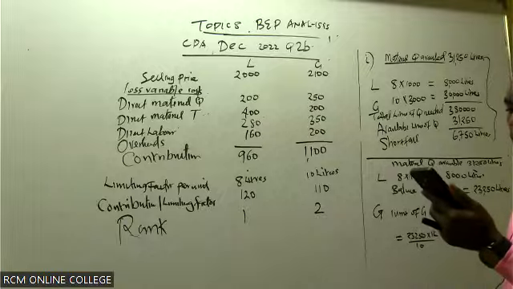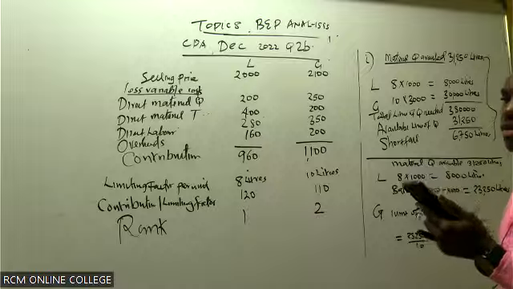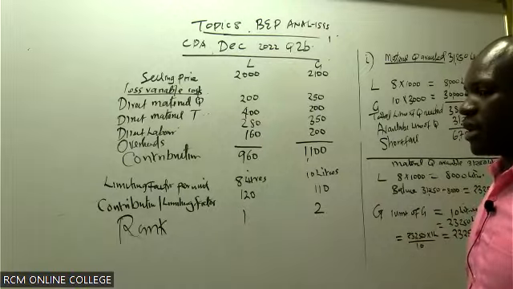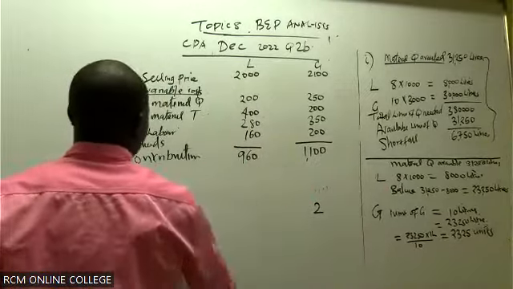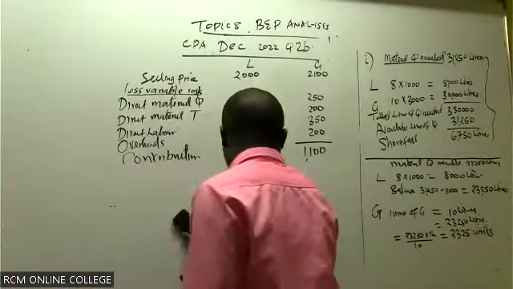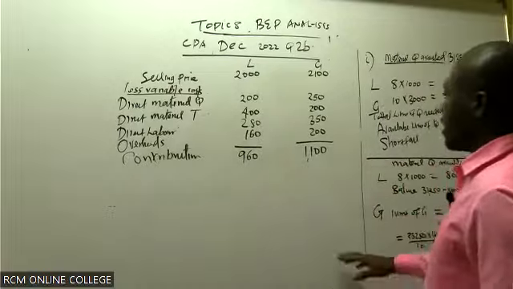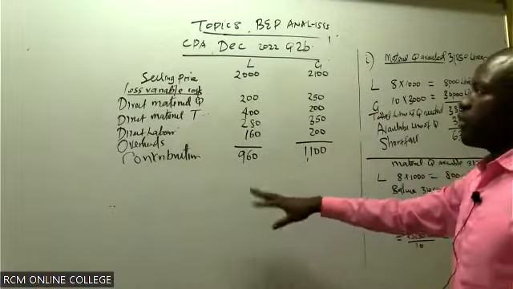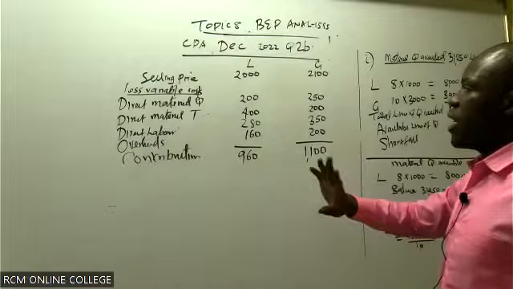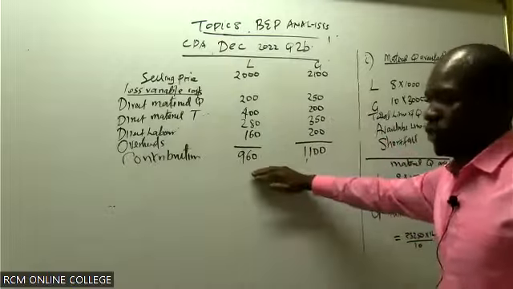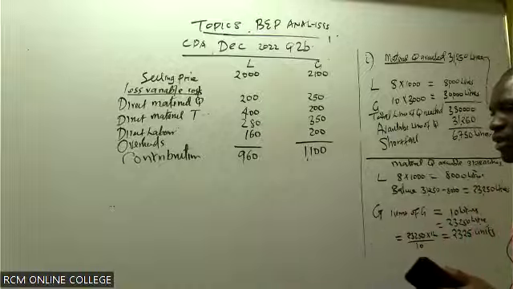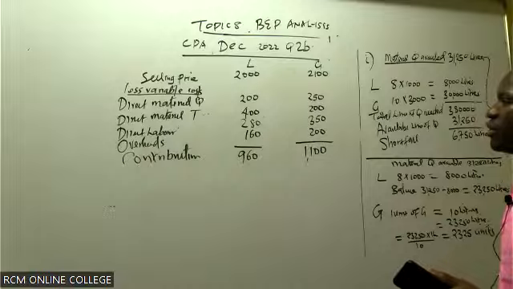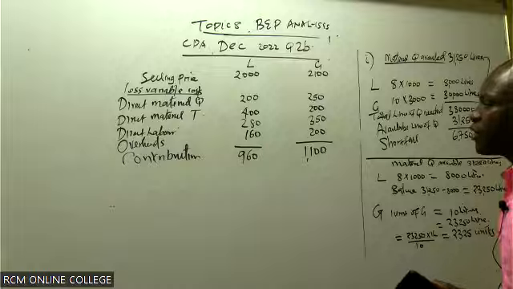Then we get to Roman 3. The net profit at optimal production mix. Tulisema nini? Net profit at optimal production mix. You repeat the same thing, but stop at that point. If you want to answer Roman 3, the examiner will not penalize you if you start from just this point.